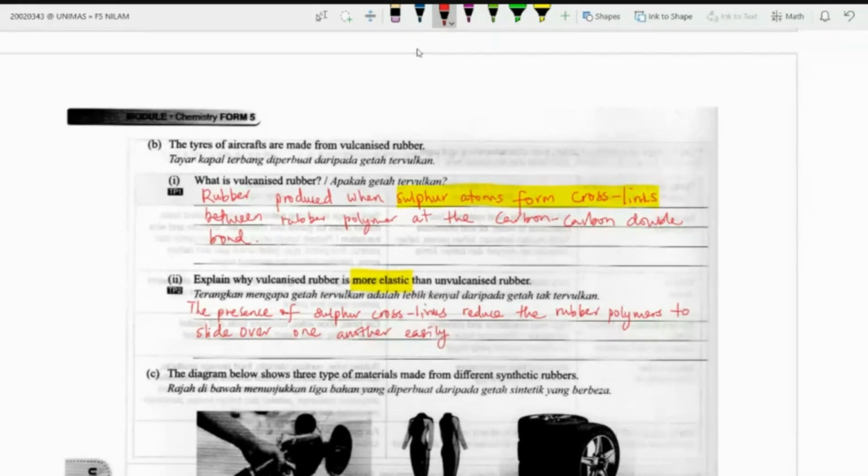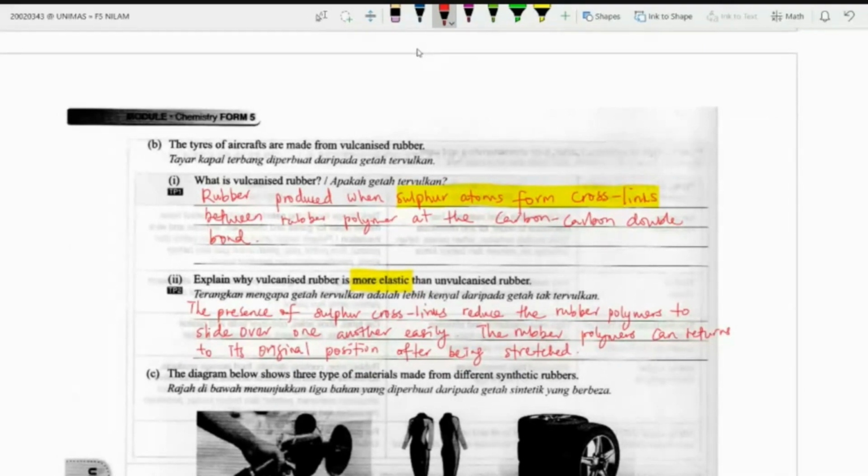So the rubber polymers can return to its original position after being stretched. So this is how you explain why the vulcanized rubber is more elastic than unvulcanized rubber.